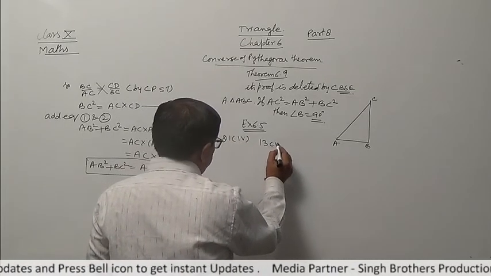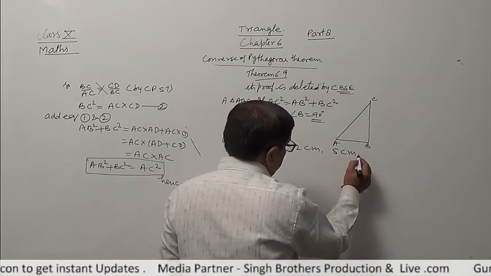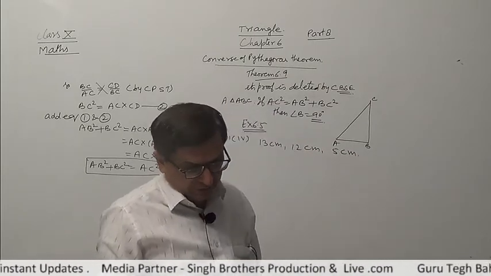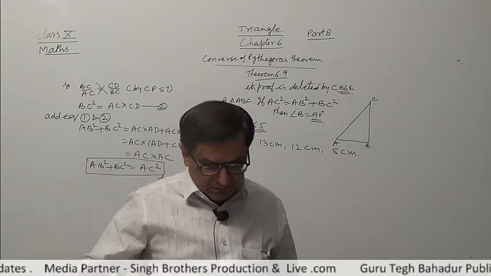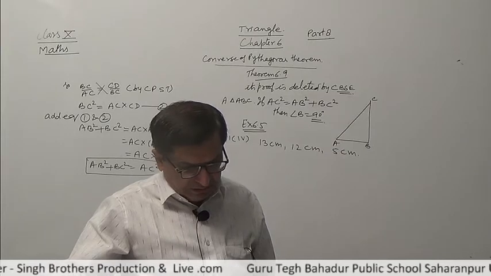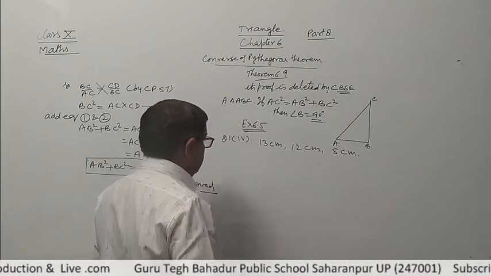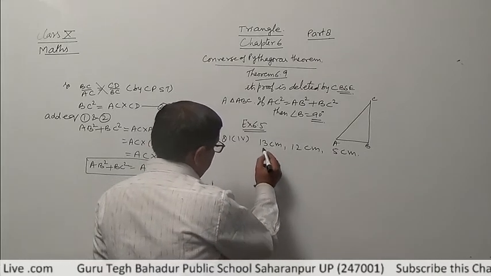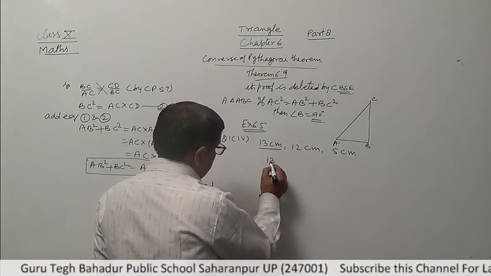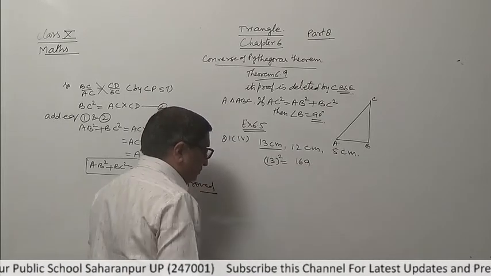Given that 13 centimeter, 12 centimeter, 5 centimeter sides of the triangle are given. Determine which of them are right angle. In case of right angle, write the length of the hypotenuse. Longest side is 13. 13 square is 169.